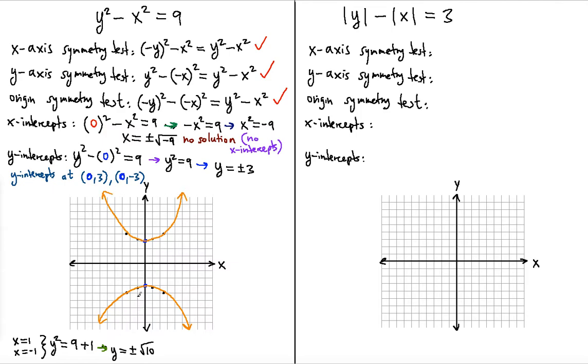Now check this out. Notice that there is x-axis symmetry, right? Because this graph is reflected through the x-axis. You see this is the mirror image, this part, which is mirrored here through the x-axis, right? Now also there's y-axis symmetry, like we confirmed algebraically, because this image is a mirror one of this one, right?